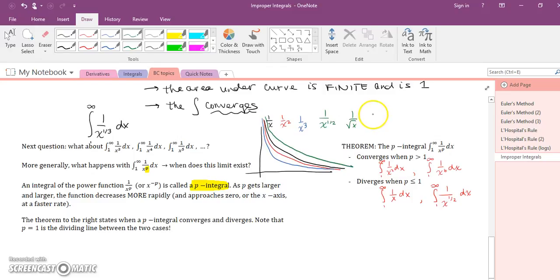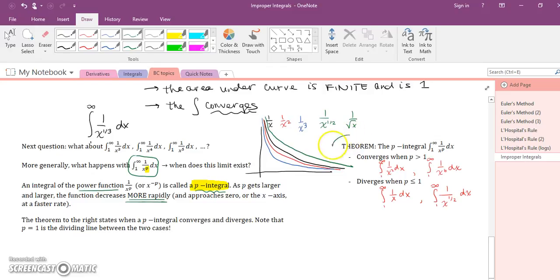So if I had 1/x to the 1/3, it'd be even further away from the x-axis. So 1/x to the p is the general function we're looking at, the power function 1/x to the p or x to the -p. Mathematicians call this a p integral. We already noted as p gets larger and larger, the function decreases more rapidly. The opposite happens if the power gets closer to 0.